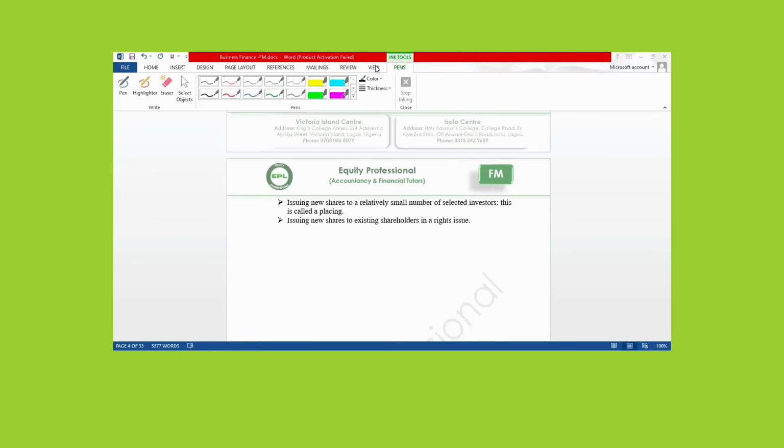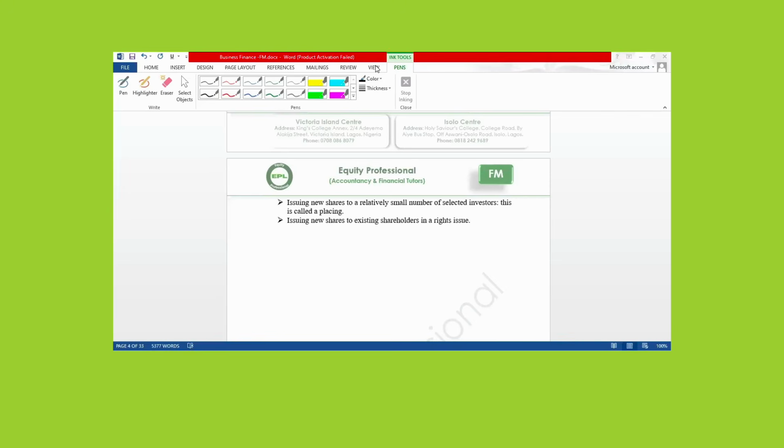Placing is an equity source of financing. Public offer is an equity source of financing. Rights issue: we are issuing new shares to existing shareholders for the purpose of raising additional funds from the existing shareholders.